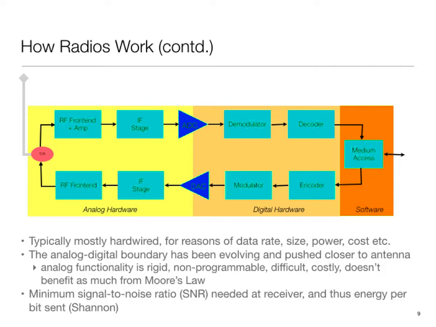So if I have to go from DC to 2.4 gigahertz, maybe I'll go from DC to a few tens of megahertz, and then boost that up to 2.4 gigahertz. Simply because doing things at the RF stage is much more tricky, and there are things you can do at IF far easier.